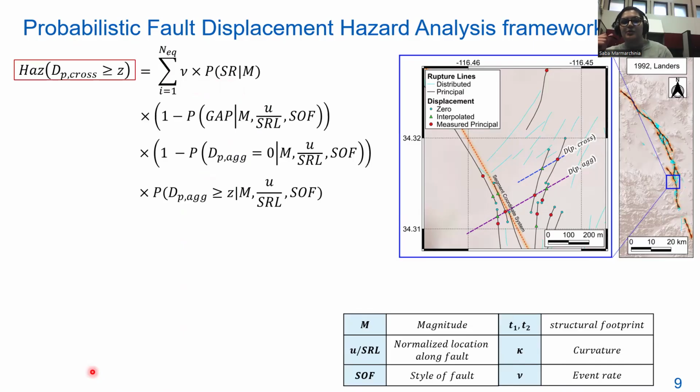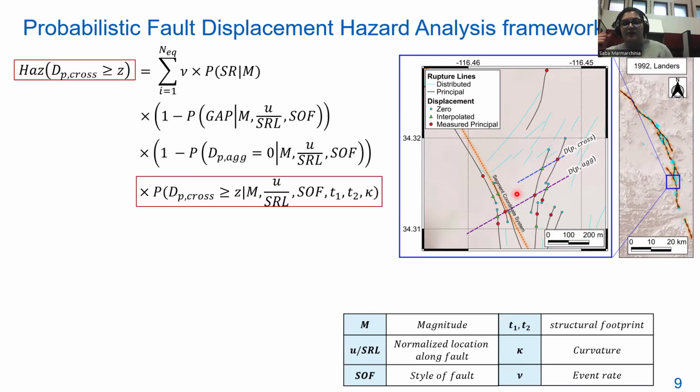In this research, we want to define the hazard for individual principal displacement, which would be the case of the actual ruptures that are crossed by structures similar to the blue one. For that, we need to change the final component into the probability of exceedance for individual displacement.